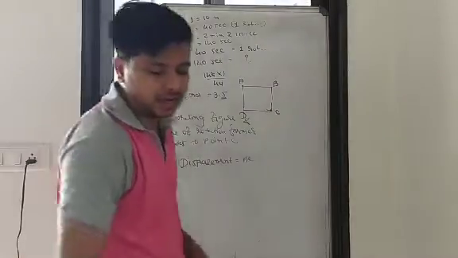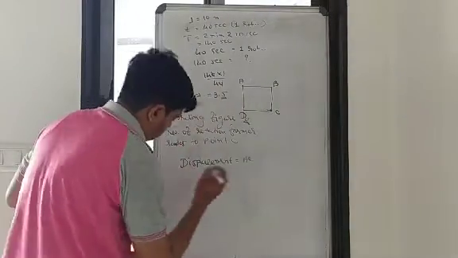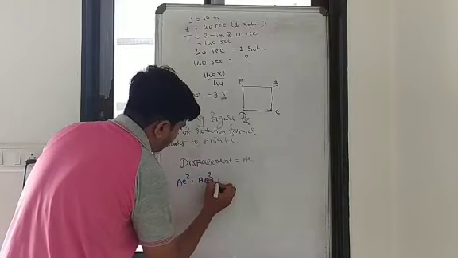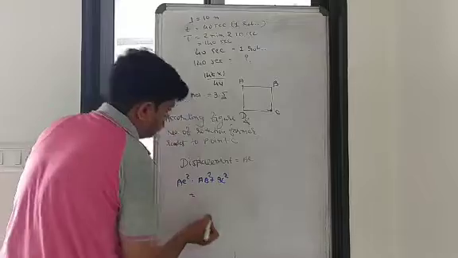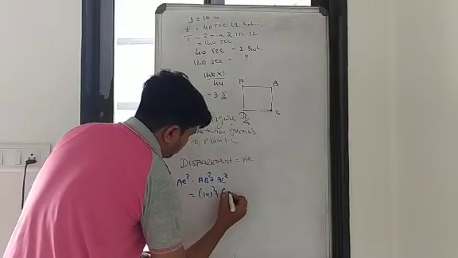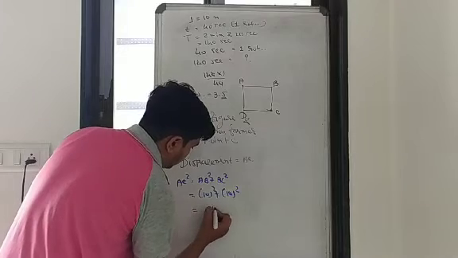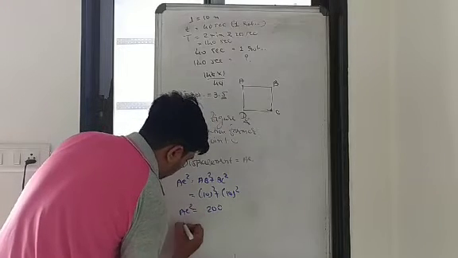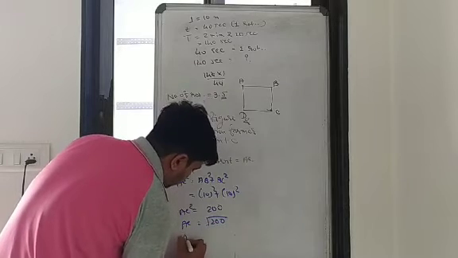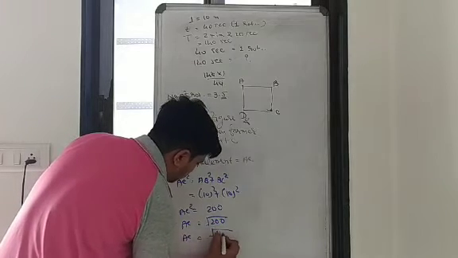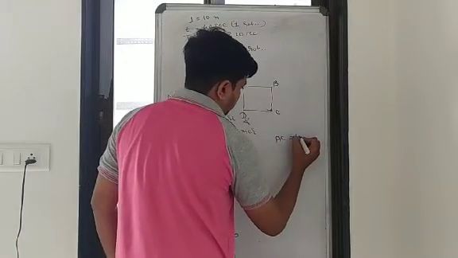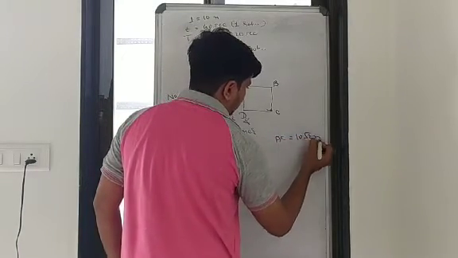And according to the Pythagoras theorem, AC square is equal to AB square plus BC square. AB equals 10 square, BC equals 10 square, so it gives you 200 for AC square. So AC equals root over 200. So AC equals root over 2 into 100. So AC is equal to 10 root 2.